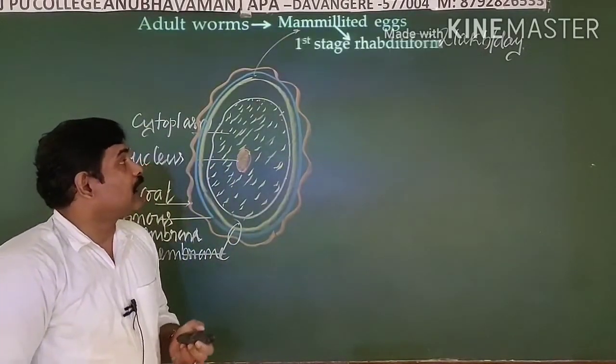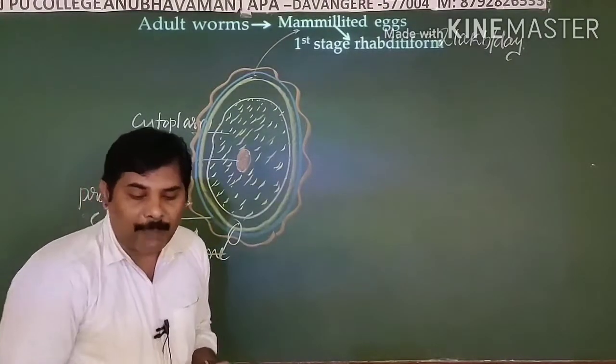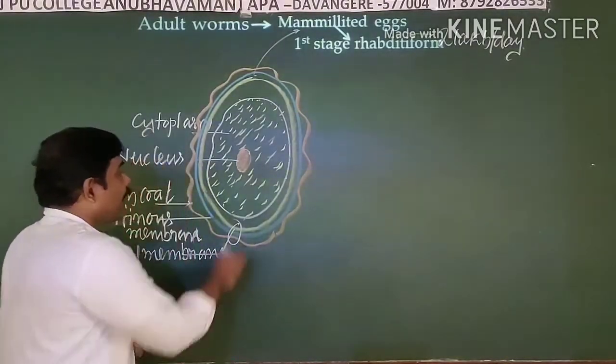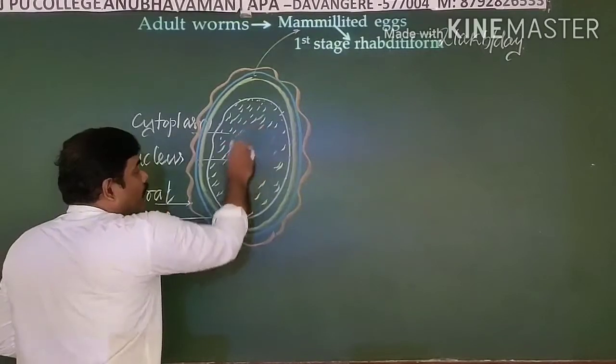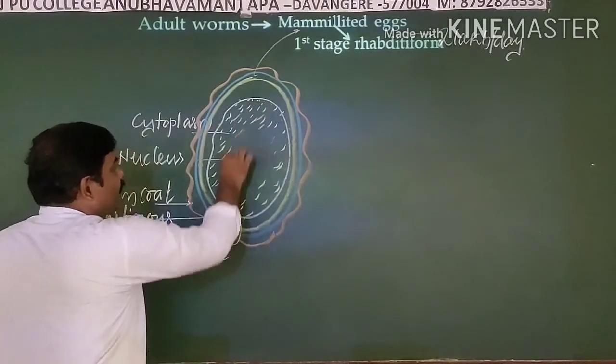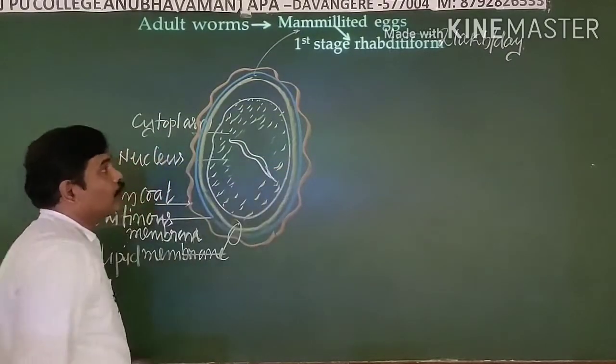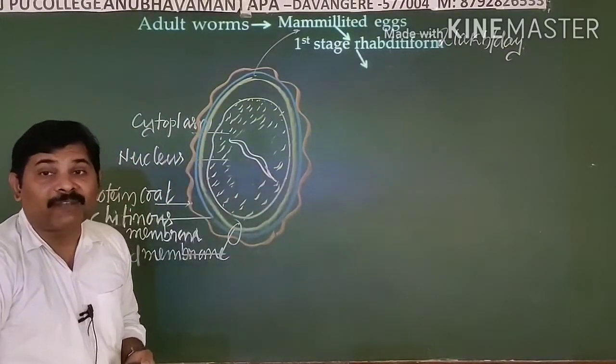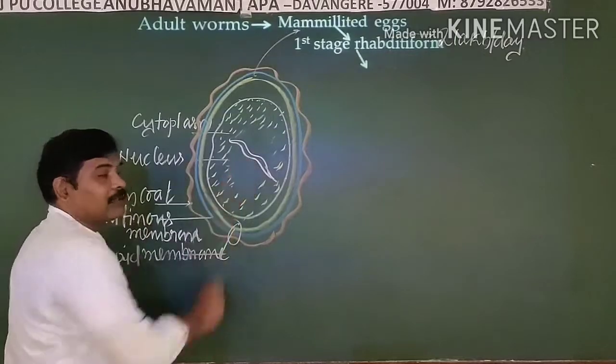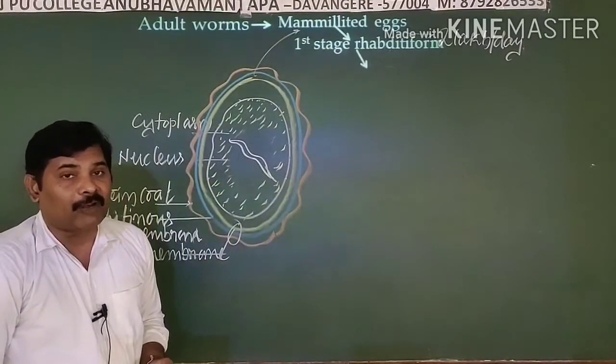Now it is released into the soil. What happens? Within the soil, the embryo present in the egg starts developing. As a result, in moist soil the egg develops into the first stage rhabditiform larva.